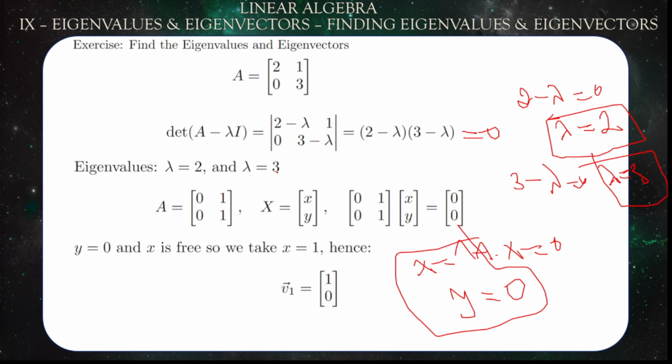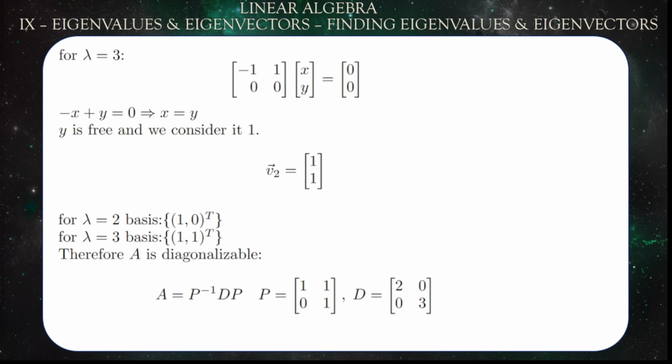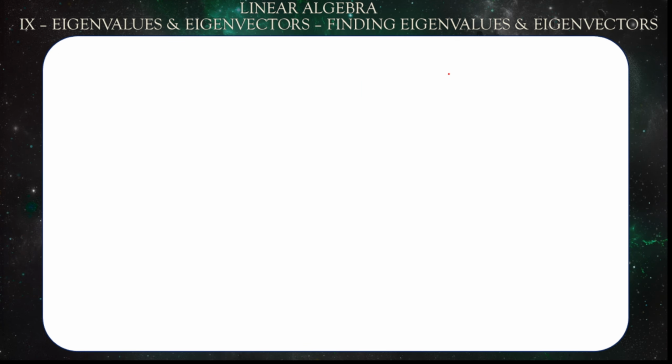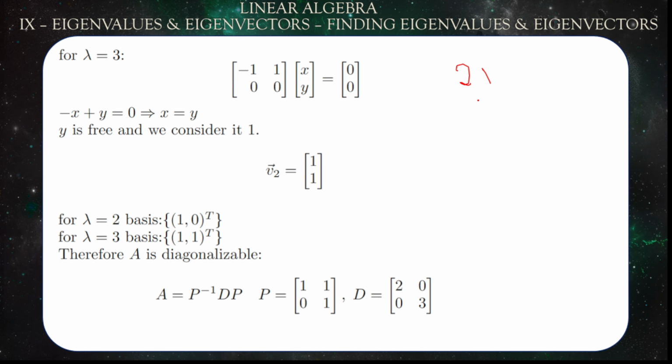Now we need to get the eigenvector for lambda equal 3. For lambda equal 3, remember the original matrix, 2, 1, 0, 3. This is A minus lambda I, correct? So lambda is 3: 2 minus 3, 1, 0, and 3 minus 3. Minus 1, 1, 0, 0.